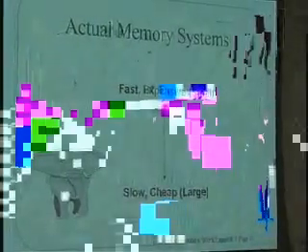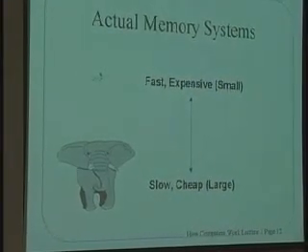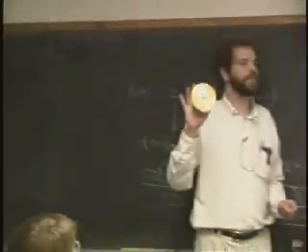The problem is that a real memory system is either one of these things or the other. It's either the bunny, which is very, very small, and the cost per bit is very high, or it's this very slow memory system. As an example, this isn't quite true, but think of a DVD versus a ROM. This is a very big memory system.